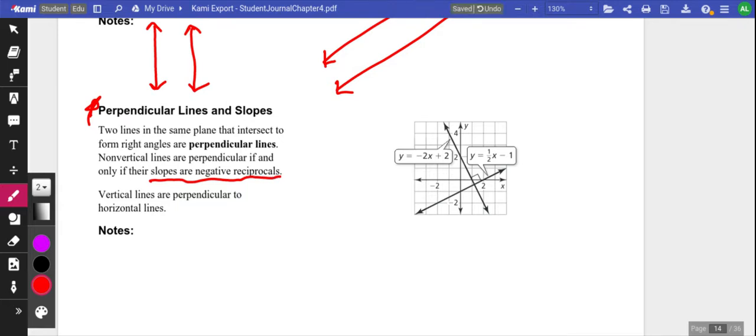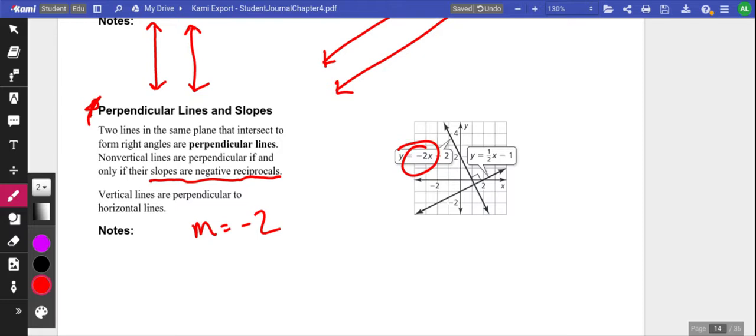Okay, so what does that mean? Let's look right here at this one. We can see our m, our slope, is -2. So if my original slope is -2, well, what's the reciprocal? Remember, the reciprocal is basically that fraction but flipped. Well, how do you flip a fraction if it's not a fraction?